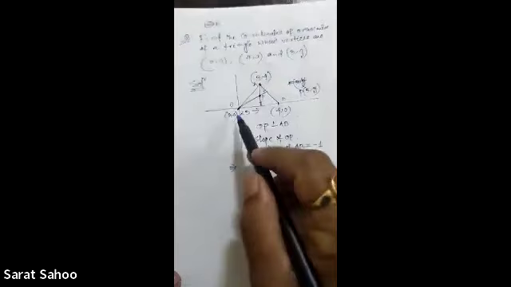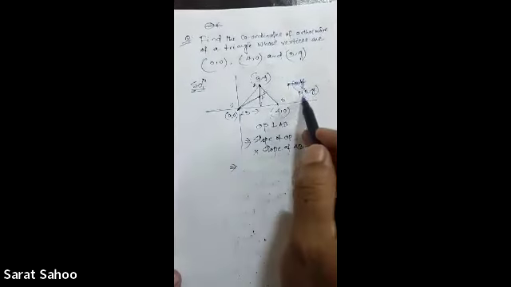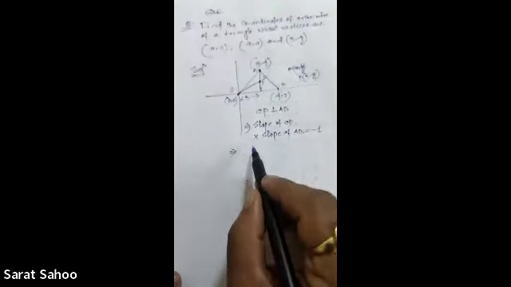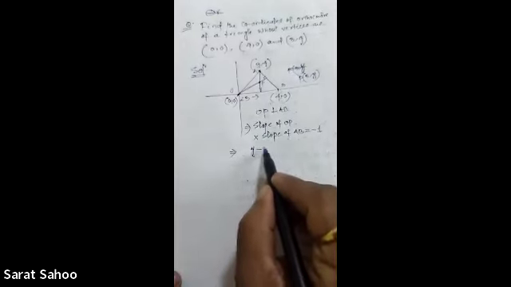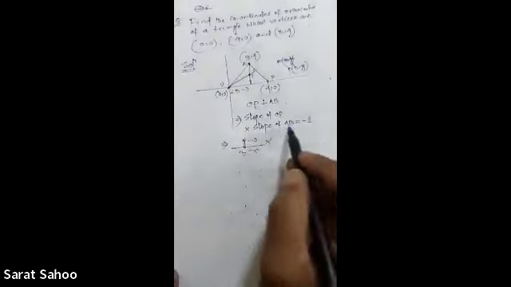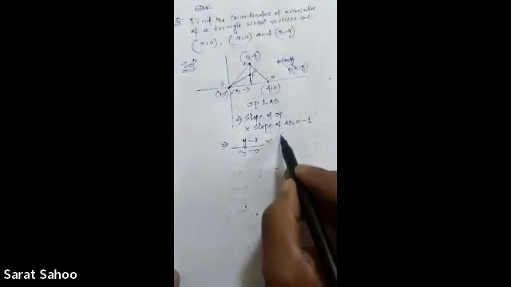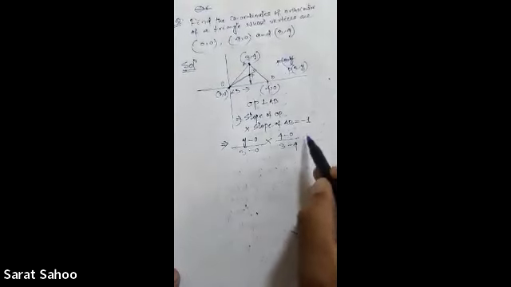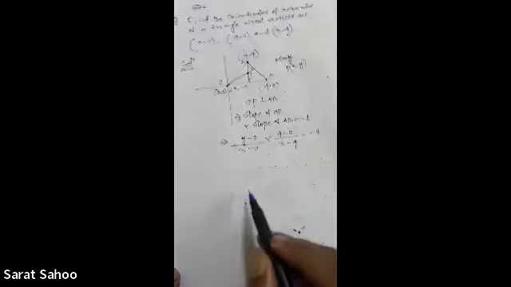The slope of OP, coordinates of O are 0, 0. Coordinates of P are 3, y. By the two-point formula, we can get the slope of OP, that is y minus 0 upon 3 minus 0, into slope of AB, that is 4 minus 0 upon 3 minus 4, is equal to -1.